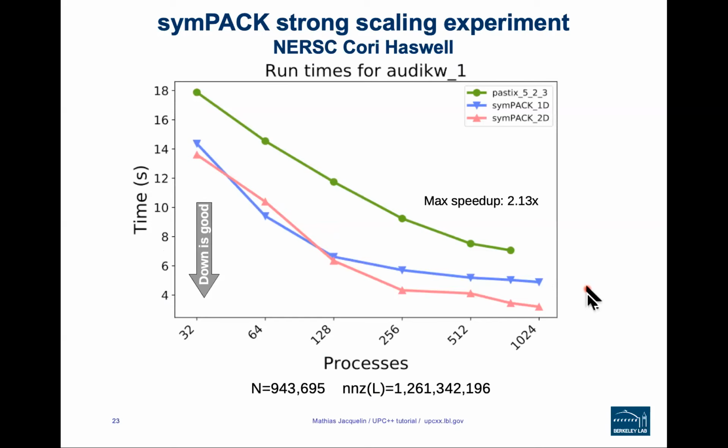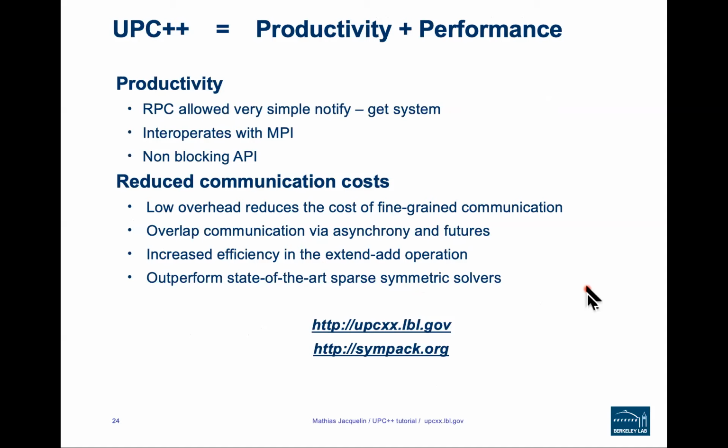So throughout this presentation, we've been able to see that UPC++, through various constructs such as RPCs, allowed the implementation of, I would say, complex communication patterns, such as this notify-get system that is being used in the scheduler of SIMPACK. SIMPACK being a full solver, it has to interoperate with MPI, and UPC++ allows that.